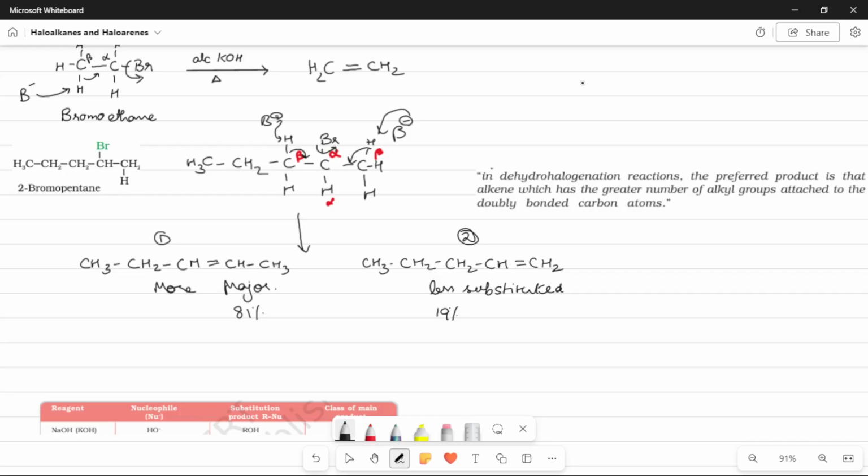Also, a primary alkyl halide will prefer an SN2 reaction. So a primary alkyl halide, if given a choice, will want to undergo substitution reaction. A secondary alkyl halide can undergo substitution as well as elimination, and this is entirely dependent on the size of the nucleophile.